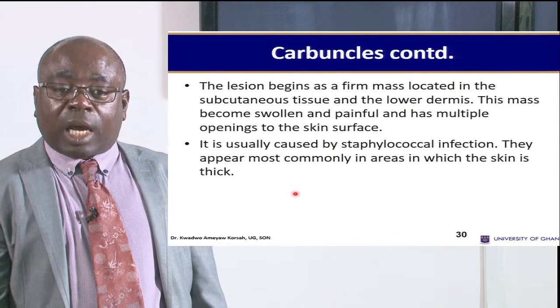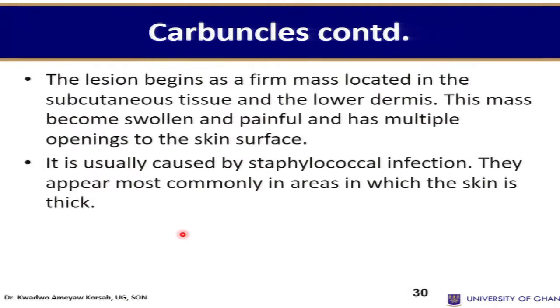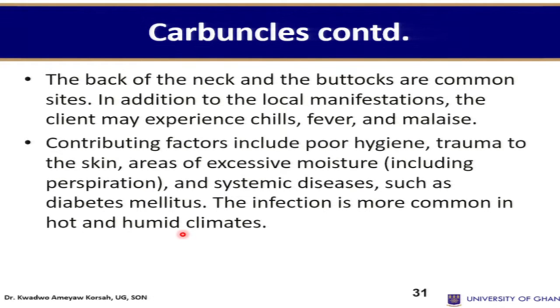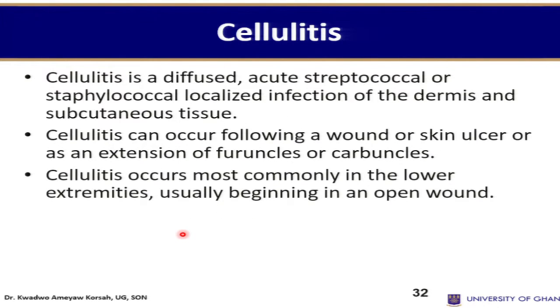The lesions begin as a firm mass located in the subcutaneous tissue and the lower dermis, and this is usually caused by Staphylococcus infection. They appear most commonly in areas in which the skin is thick, the back of the neck, buttocks, and other areas. Contributing factors are poor hygiene, trauma, and areas of excessive moisture, as we have already noted.